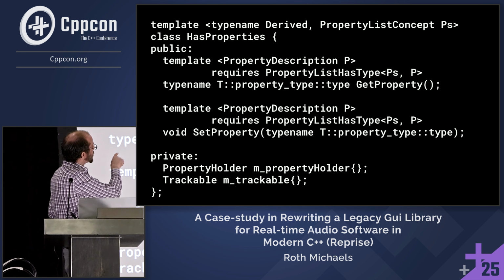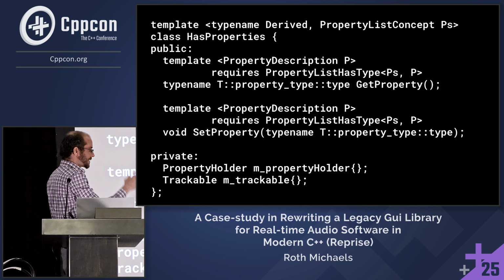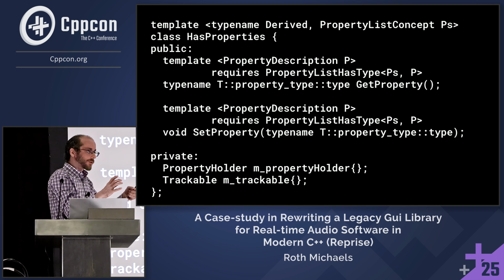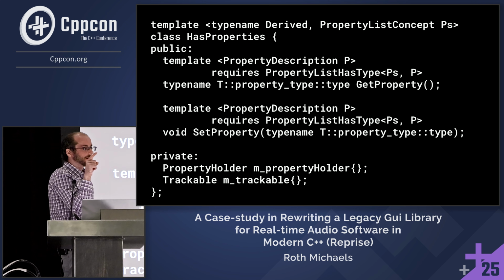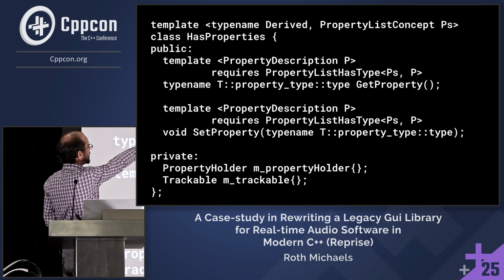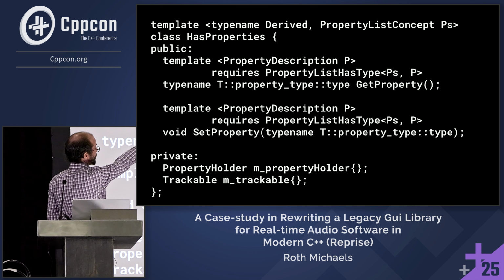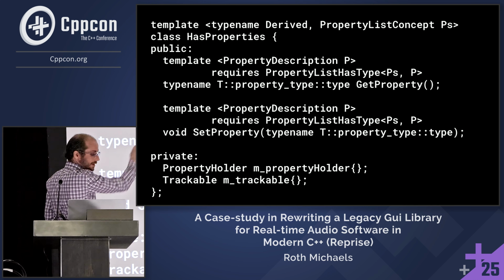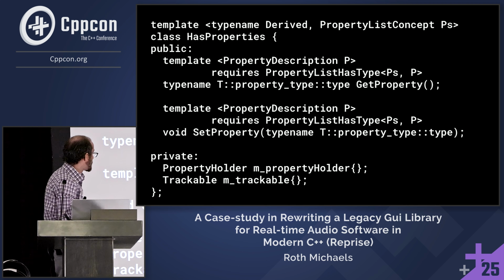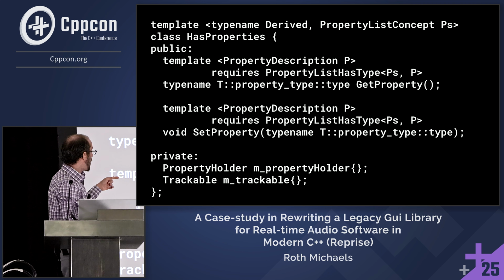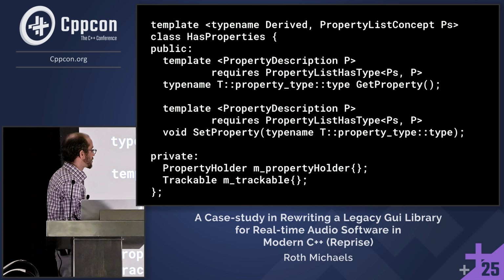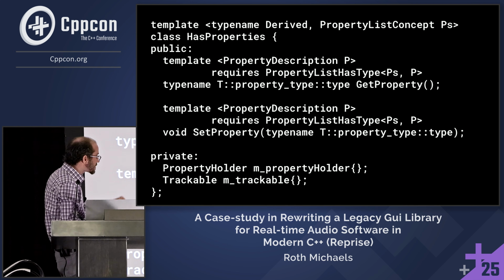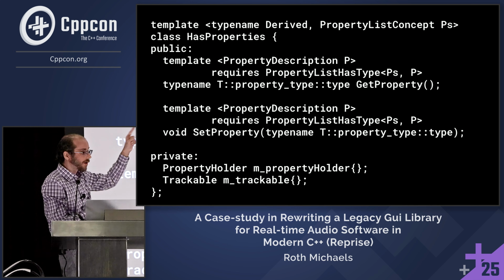And so this is going to make sure not only are you passing in something that's a true property type for, like, our button, like our label text, but that it's actually one of the property types that exists on the button and that's passed in for the property list concept PS. And I'll show you in a minute how we implement this. And the same thing for the set. Again, we're going to put a requirement that you can only call it with a property description that is actually in the list of properties for this button class.